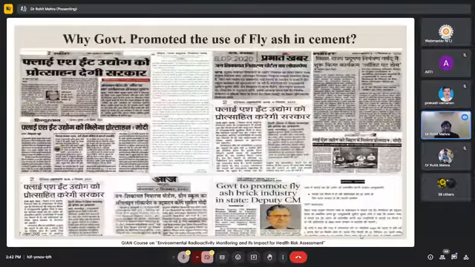Now, based upon this, there was a lot of news in different newspapers and on news channels that the government is promoting fly ash materials as building materials. The first reason, as I have already told you, was that the dumping of fly ash was a problem for the government, but with the choice of fly ash in the cement, that problem got solved.